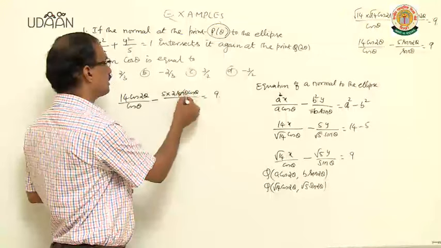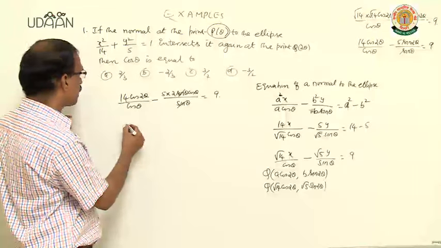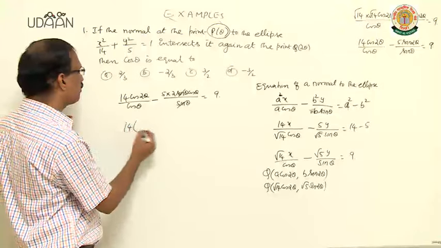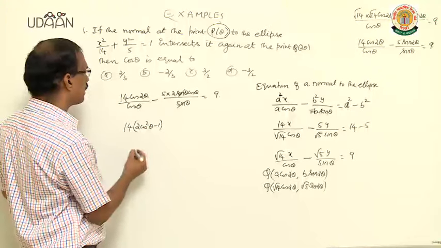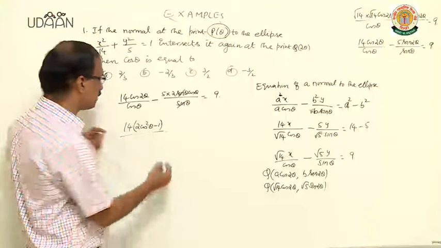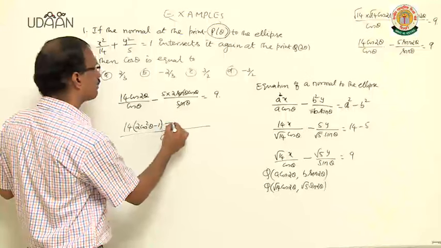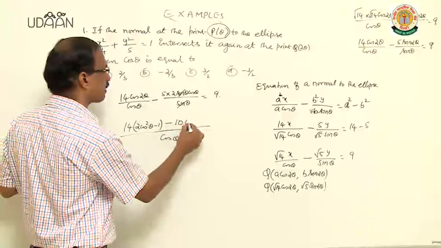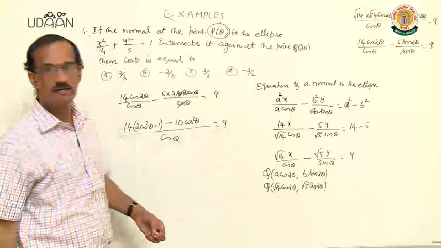So this sin theta gets cancelled. And cos 2 theta you can write as 2 cos squared theta minus 1, so 14 into 2 cos squared theta minus 1 upon cos theta. If you take the LCM as cos theta, you get minus 10 cos squared theta equals 9 cos theta.